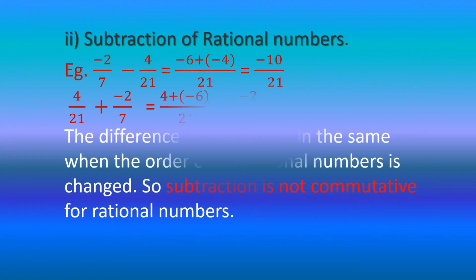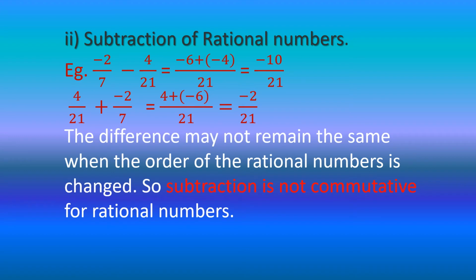In the case of subtraction, here we have taken the rational numbers negative 2 by 7 and 4 by 21. This means 4 by 21 is subtracted from negative 2 by 7, and we get the final answer as negative 10 by 21.